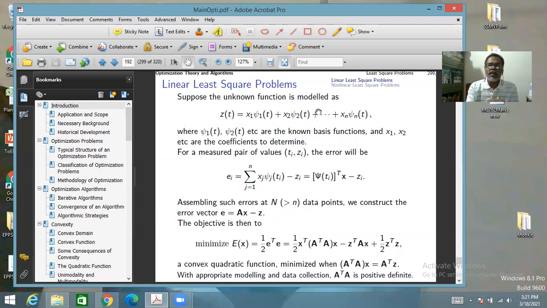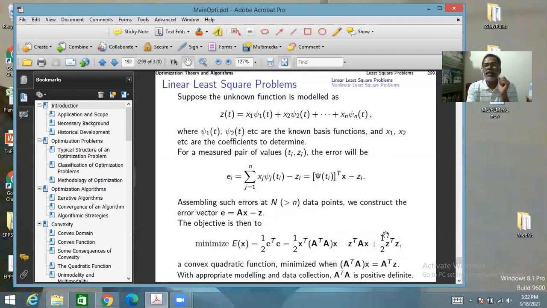In that case, A transpose A will also be positive definite, all eigenvalues will be positive. That means it is not only a convex quadratic function, but a strictly convex quadratic function, and the solution can be found directly from the first order conditions.